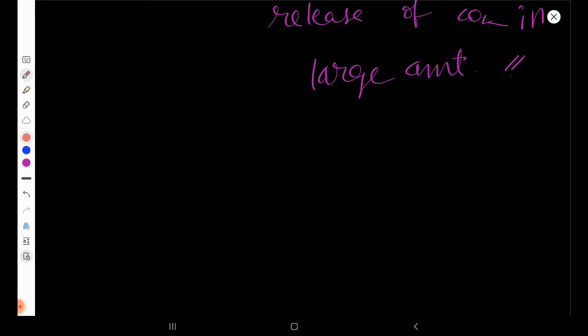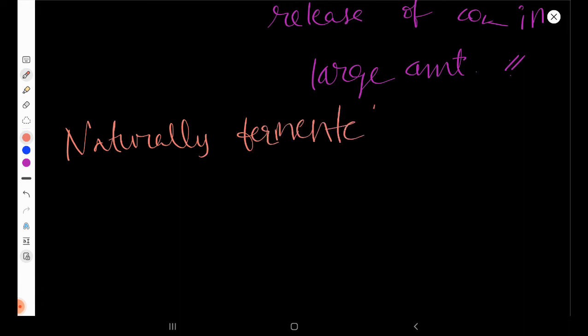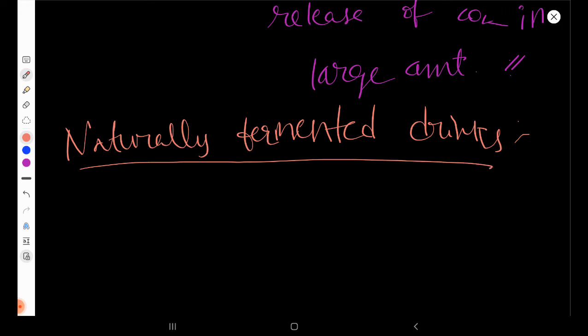Now let's go to the use of microbes in naturally fermented drinks. We only have one thing in our NCERT textbook, that is called toddy. Toddy is nothing but a fermented phloem sap.